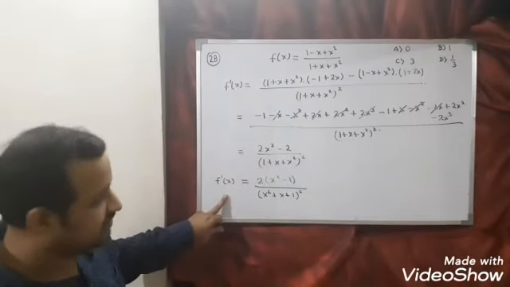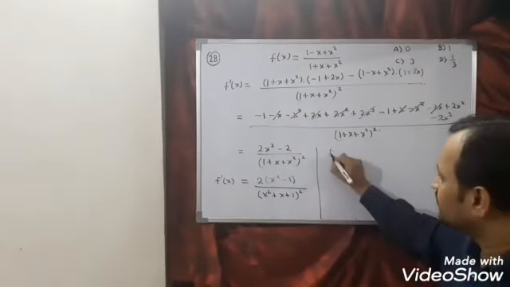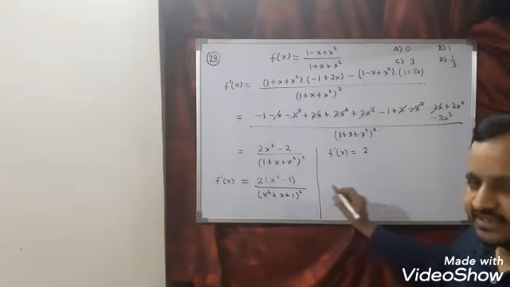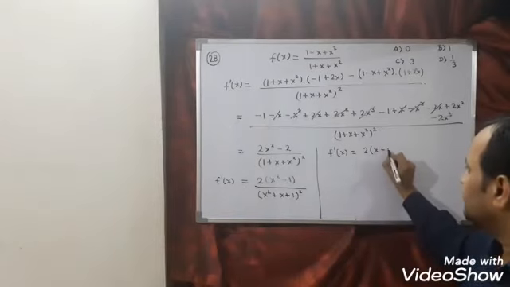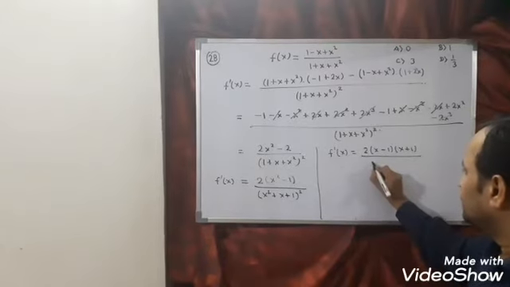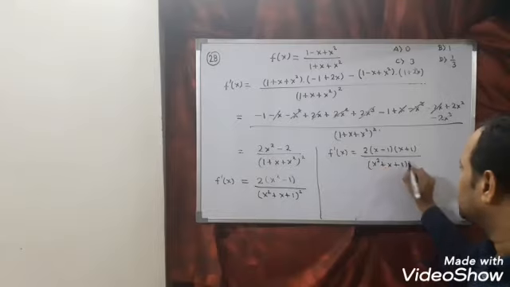Next step is what? Break it into linear form. F dash x is equal to 2 into x square minus 1, which we can write as x minus 1 into x plus 1, divided by x square plus x plus 1 whole square.